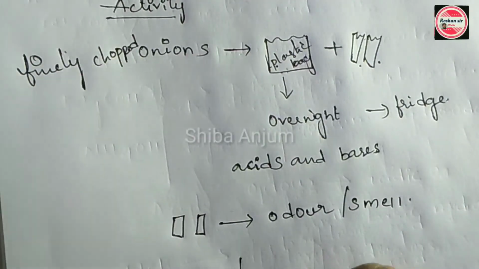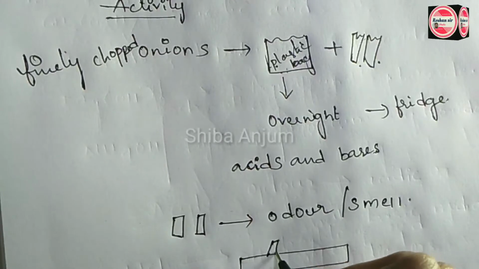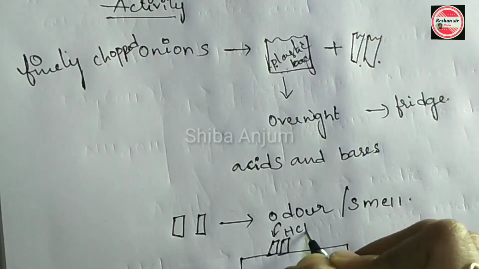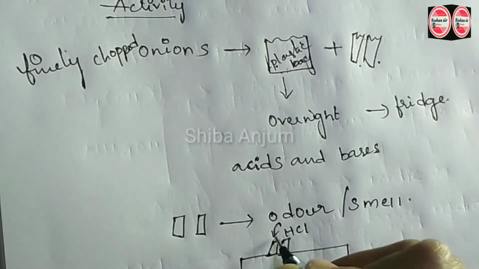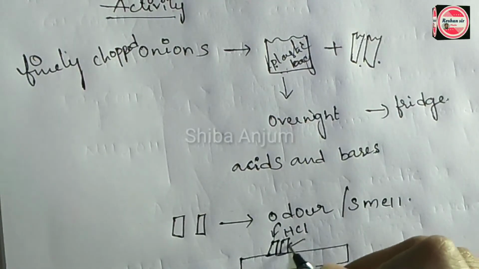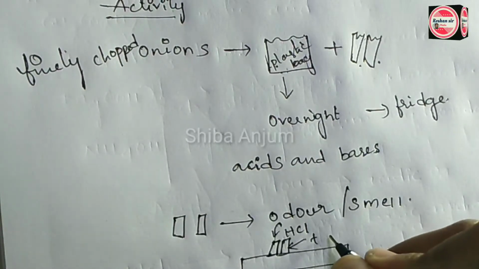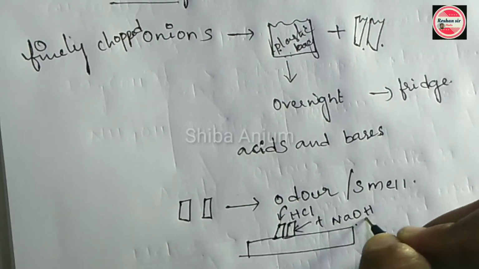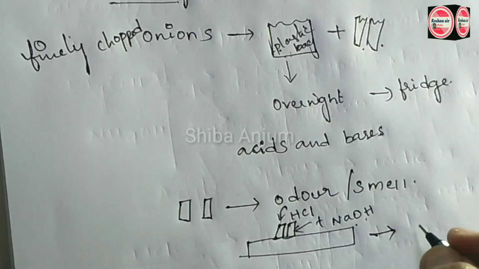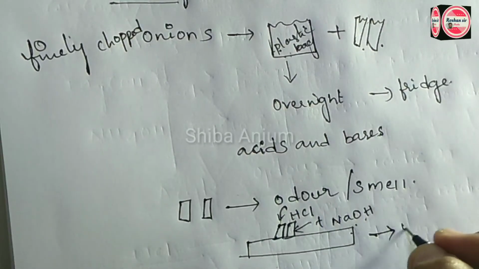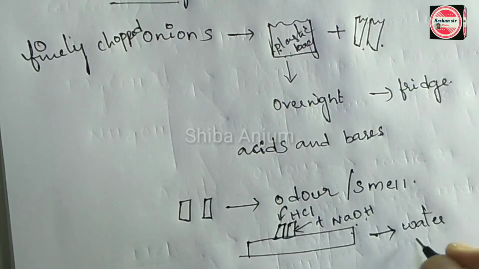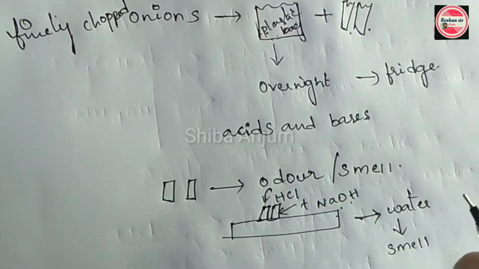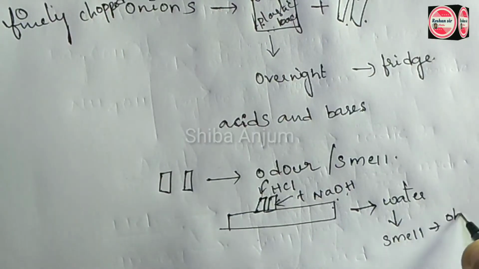Keep them on a clean surface and put a few drops of dilute HCl solution on one strip. On another strip, add dilute NaOH, sodium hydroxide. Now rinse both cloth strips with water and again check the smell. Now note down the observations.